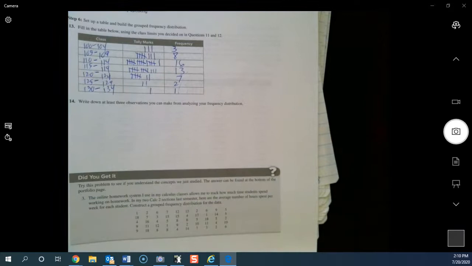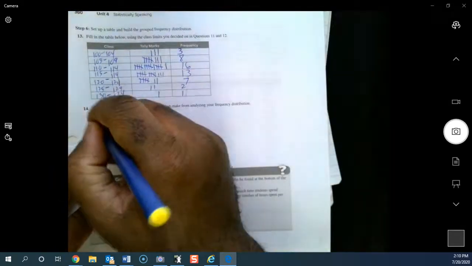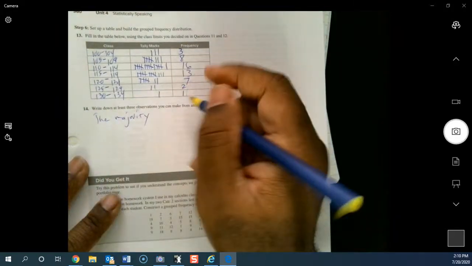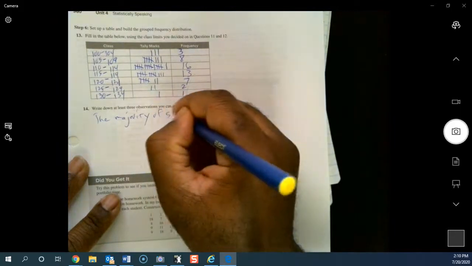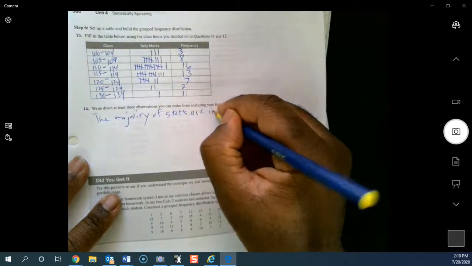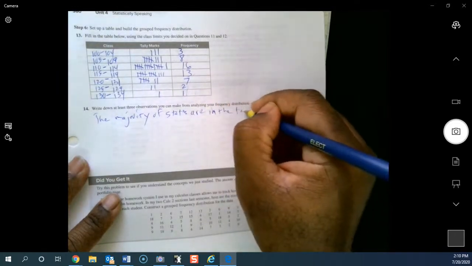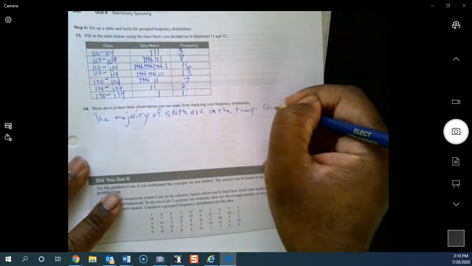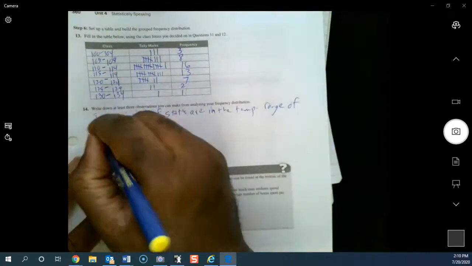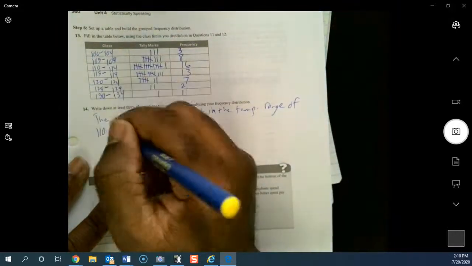So 14, it says write down at least 3 observations you can make from analyzing your frequency distribution. Okay, first of all, the obvious: the majority of states are in the temperature range of, what's that, 110 to 114.